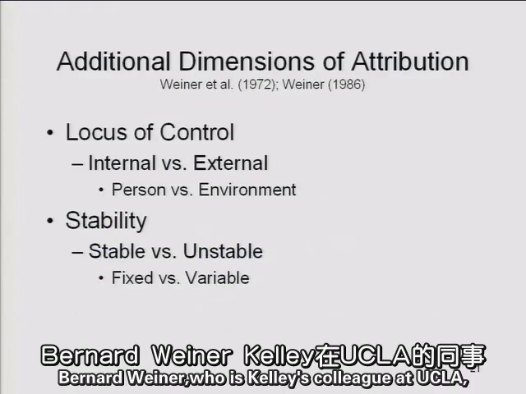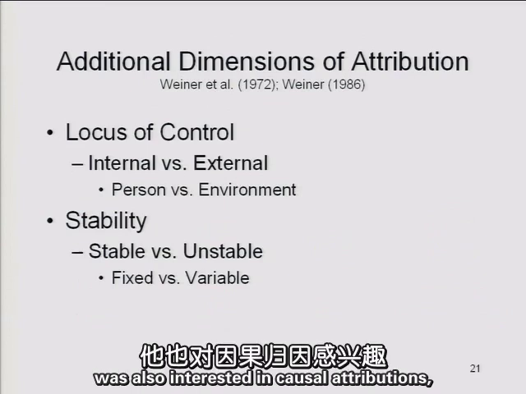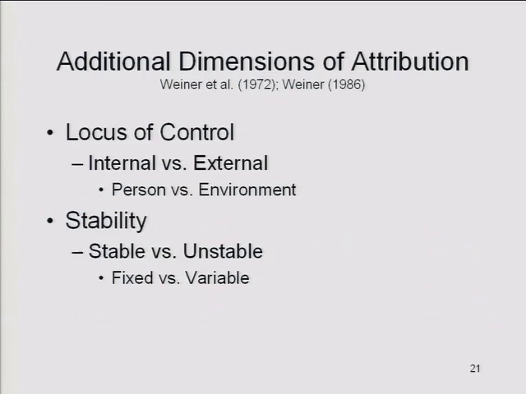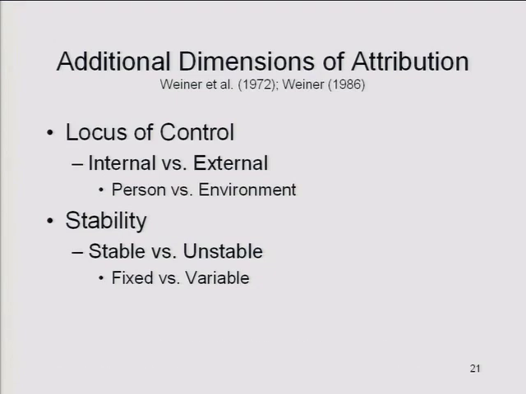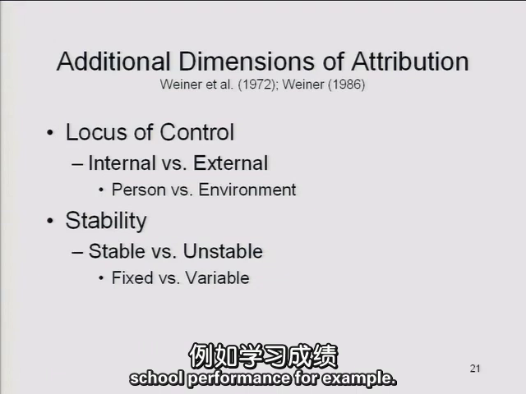Bernard Weiner, who is Kelly's colleague at UCLA, was also interested in causal attributions. And he was especially interested in attributions about achievement kinds of behavior, school performance, for example.